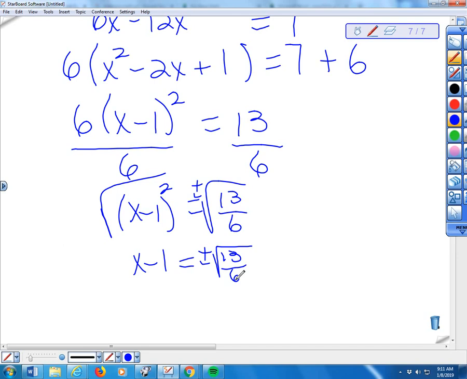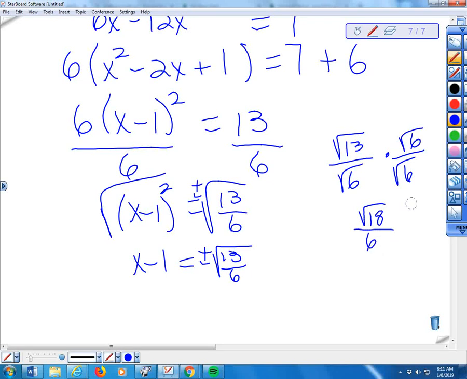So to get rid of it, I multiply. What's 13 times 6?